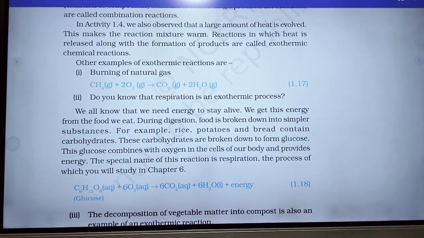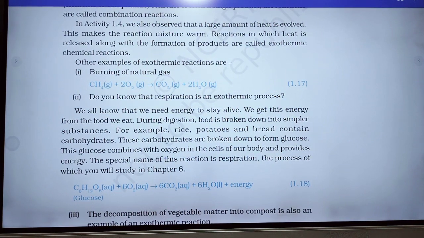The special name of this reaction is respiration, a process we will study in chapter 6.